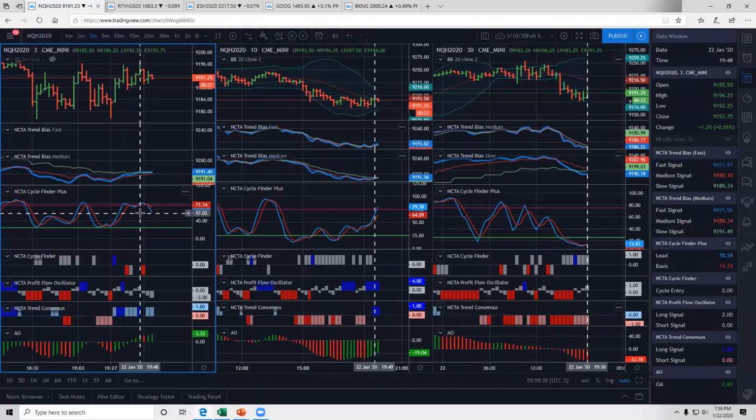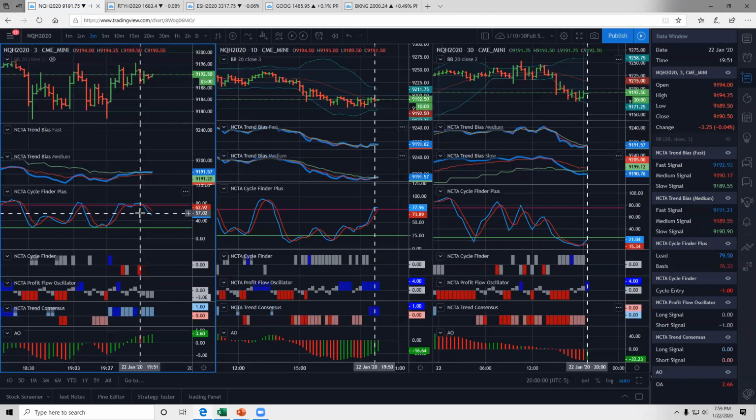Yes, we lost 3.5 points. That is and should be a very manageable drawdown for any futures trader. But it's not 30 points. It's not some huge drawdown. And that's one of the designs of the Cycle Finder Plus: it's going to reverse you out of the trade before you have a huge drawdown.